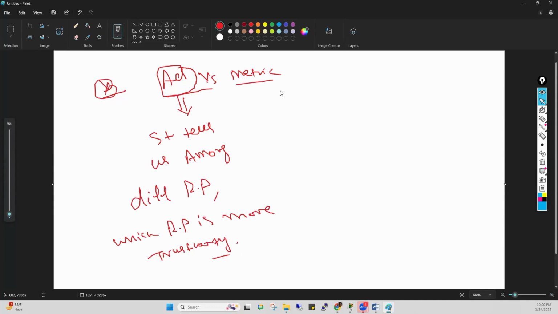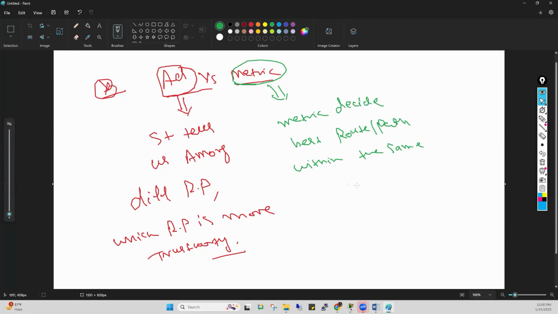It is telling which one is more trustworthy. Understand? But in case of metric, it decides the best route or best path within the same routing protocol.